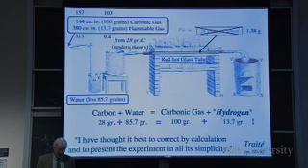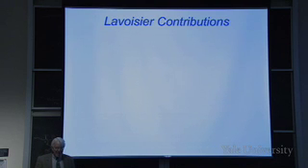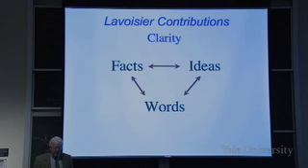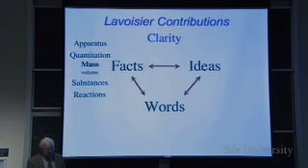He was certainly a great scientist. So what were his contributions? Clarity, above all, right? This idea of facts and ideas and words having to go together and improve together. And of the facts he worked on, there were the apparatus I showed and others as well.